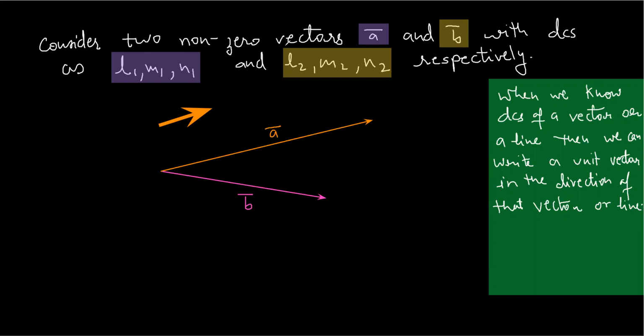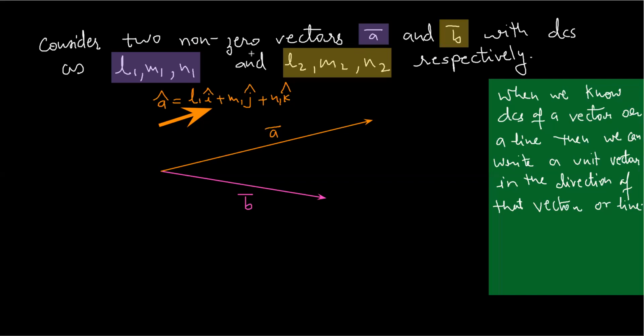And what is A cap? As you all know, it will be l1 i cap plus m1 j cap plus n1 k cap. This is the unit vector in the direction of A bar.